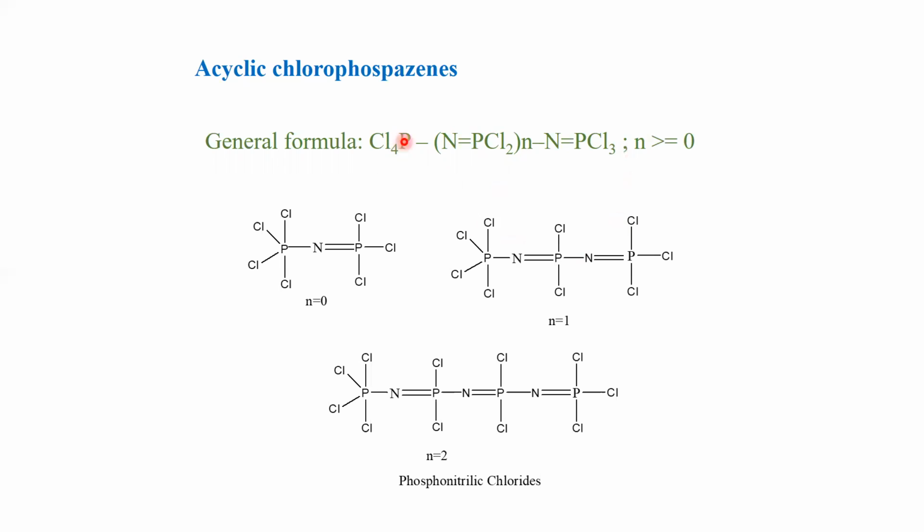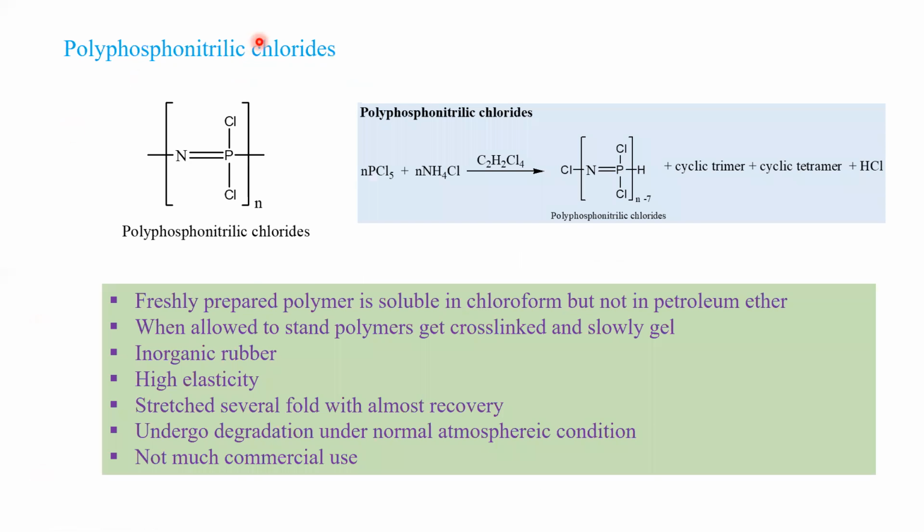That is PCl4-N=PCl2-N=PCl3. This is n equal to 1. When n is equal to 2, there are 2 units of this.